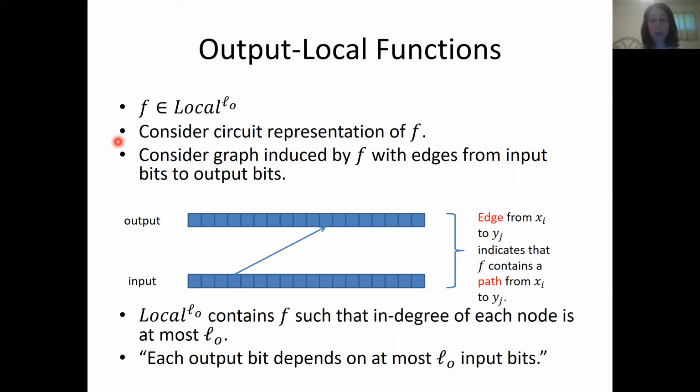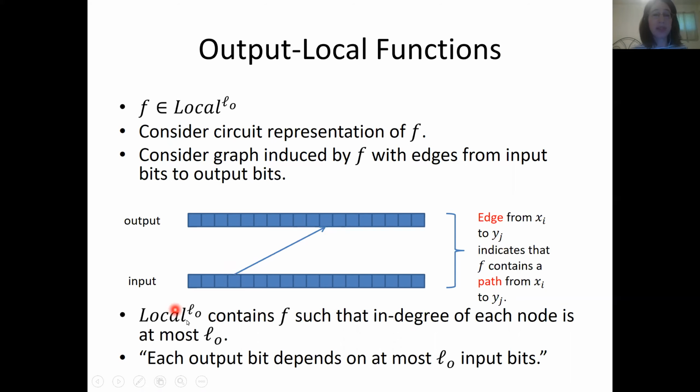We're going to have output local functions and input local functions. For output local functions, we're going to define what it means to be output local. We look at the circuit representation of the function f, and then draw a graph with edges from inputs to outputs. There's an edge from input bit xi to output bit yj if the circuit for f contains a path from xi to yj.